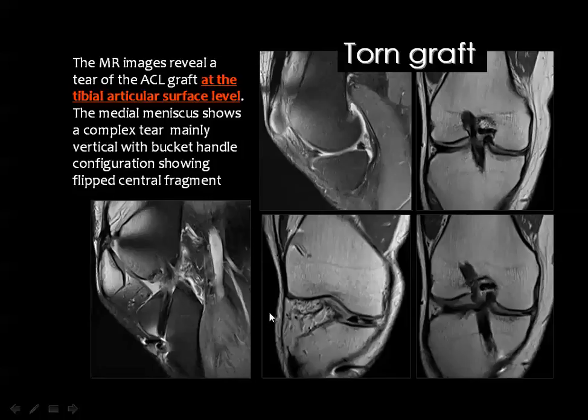And much of the literature says that this abnormal signal should be evaluated after 6 months from the graft insertion, and any abnormal signal identified before that time is considered within the range of normal post-operative sequelae. Then after 6 months from graft insertion, there should not be any abnormal signal within the graft itself.